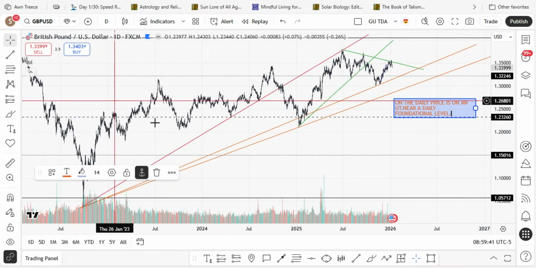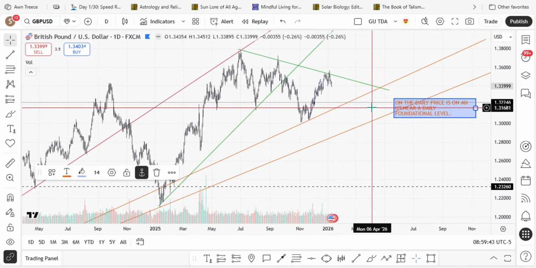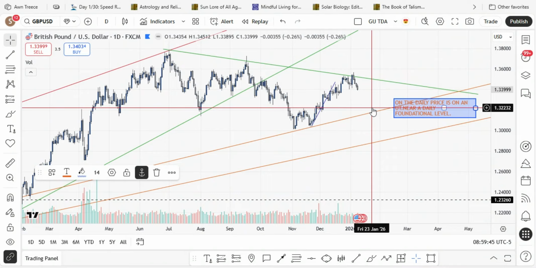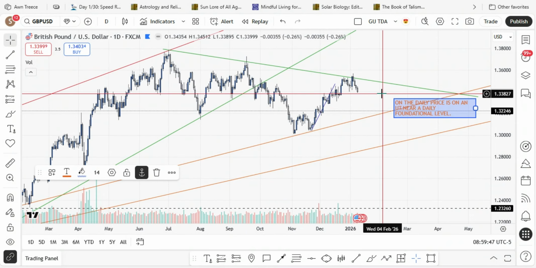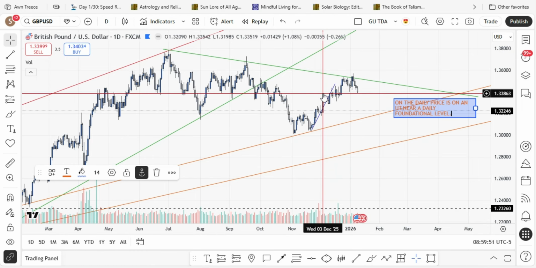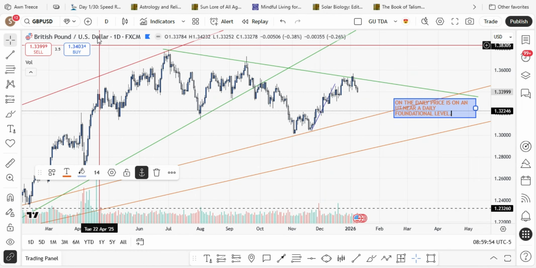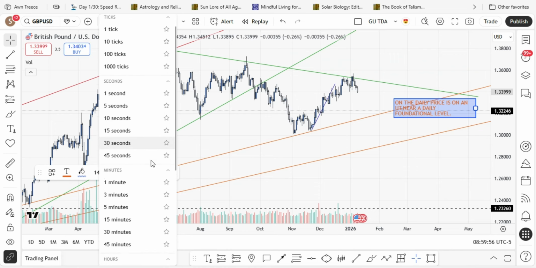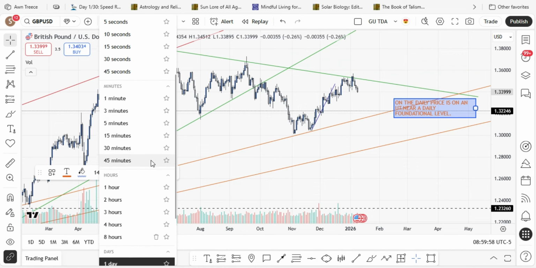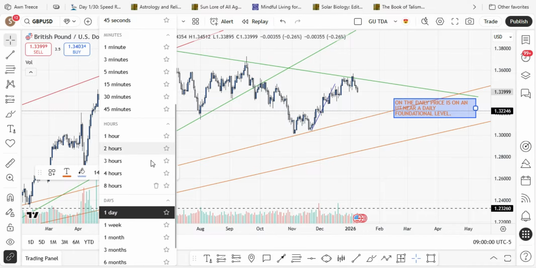So yeah, it's at a kind of key level right here. And then even it touches here. Maybe on a smaller time frame, that would be a zone.